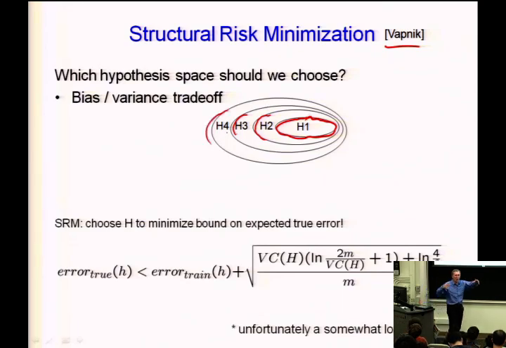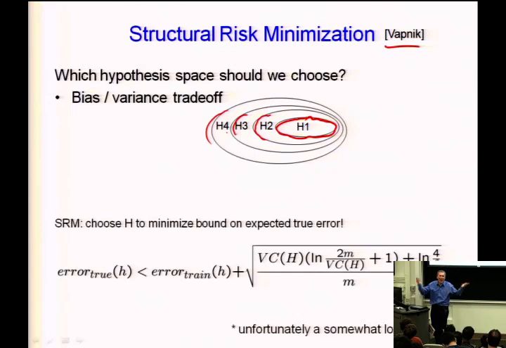And of course, I'll have more and more hypotheses I can express as I increase them. I'll have a higher VC dimension. So he said, why don't we pick the VC dimension, and equivalently the hypothesis space, the dimension we're going to project up into, in order to minimize this?